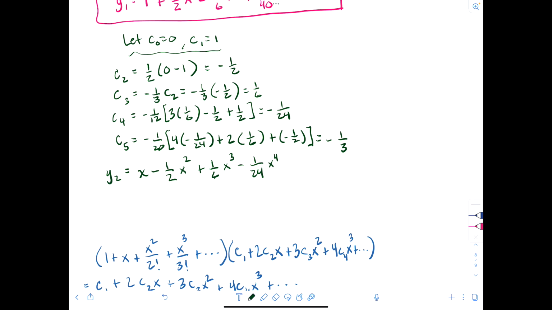And then actually I think I forgot to multiply this by -1/20. So we're going to get +1/60, so plus 1/60 x to the 5th. And that's our y2.